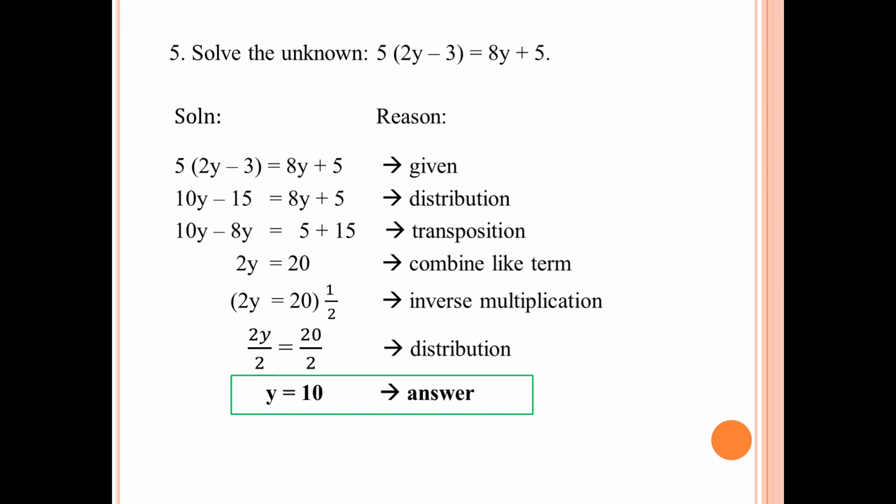So 2 times 10 is 20, minus 3 is 17, then 17 times 5 is 85, equals 8 times 10 is 80 plus 5 is also 85, which means the value of y, which is 10, satisfies the given problem.